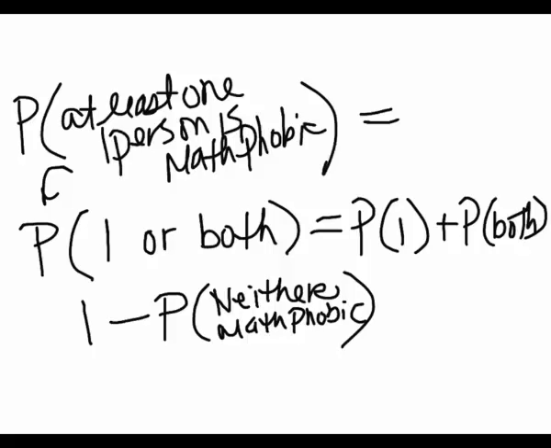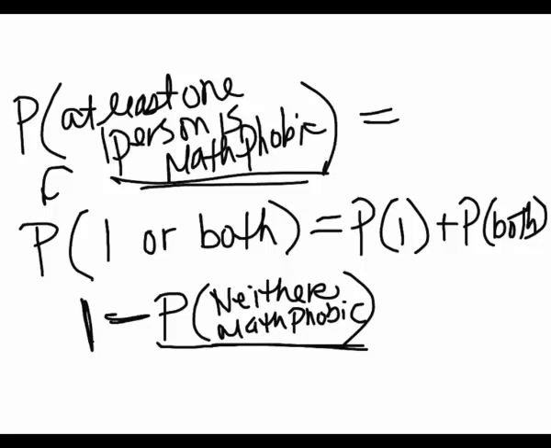The complement of at least one person being math phobic is no one being math phobic. But I'm not looking for the probability of no one being math phobic. I want this one. But we learned about complements. If you find the complement of one of them, you can subtract it from one and get your answer to the question being asked. Okay?